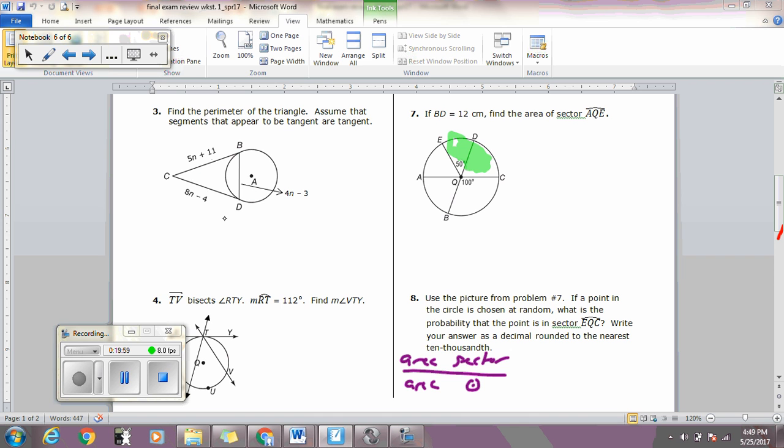So the big picture for this problem is to find the area of the sector and then divide it by the area of the circle. So to find the area of a sector, again, it's m over 360 times pi radius squared.